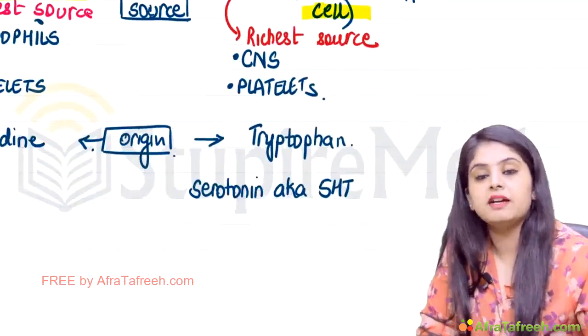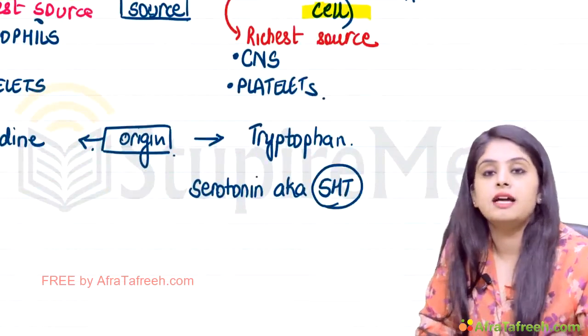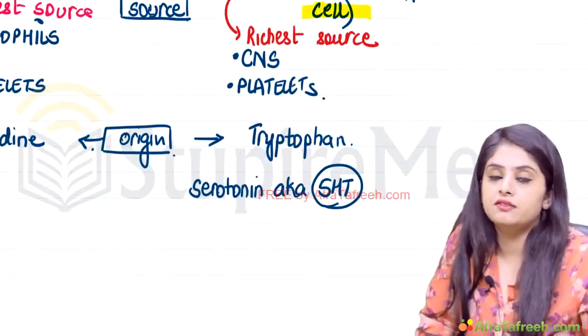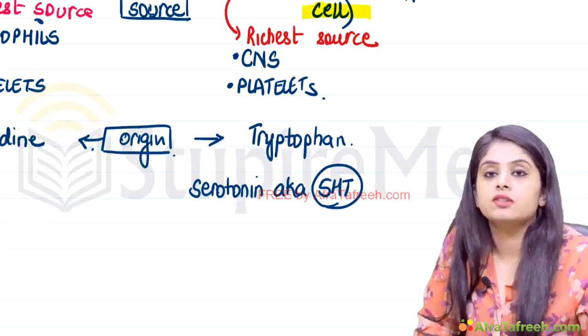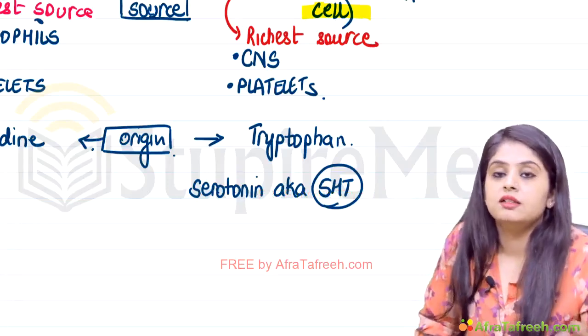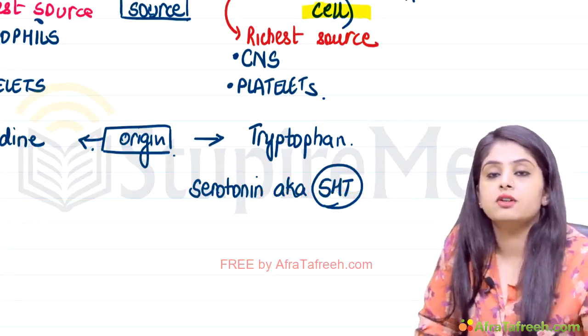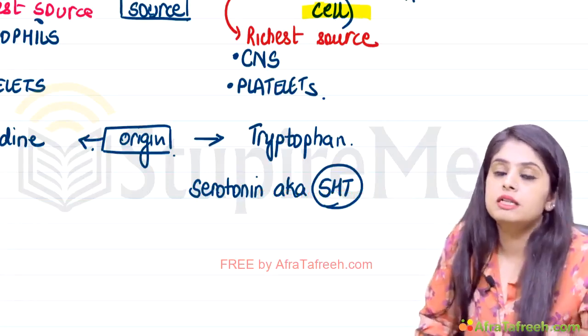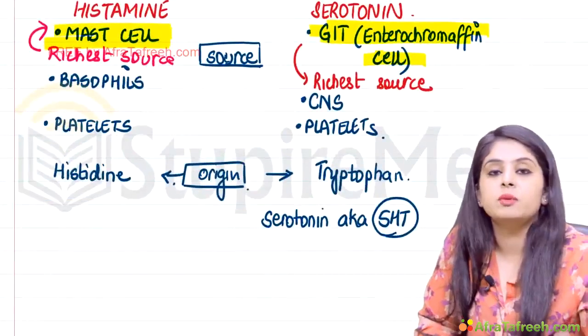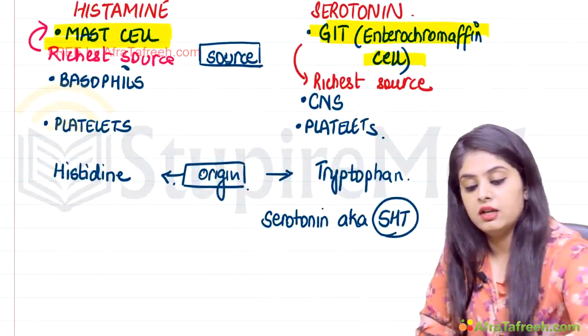And what do we mean by 5-HT? 5-hydroxytryptamine. The other name for serotonin is 5-HT, 5-hydroxytryptamine. So histamine comes from histidine, serotonin or 5-hydroxytryptamine comes from tryptophan. So these were the two important differences that we have between histamine and serotonin.